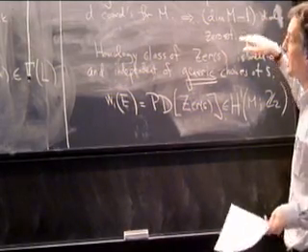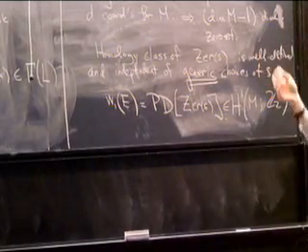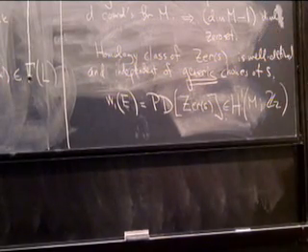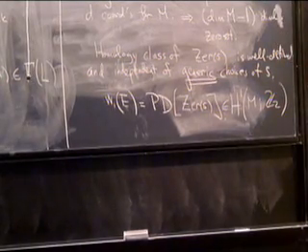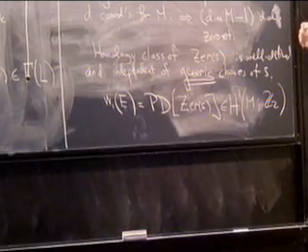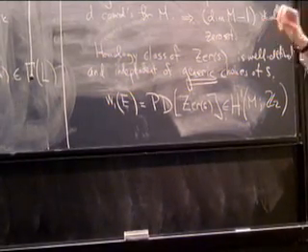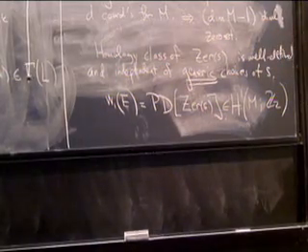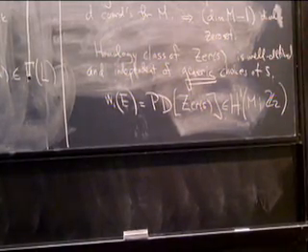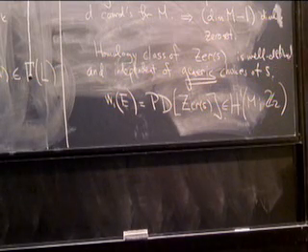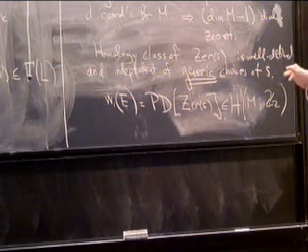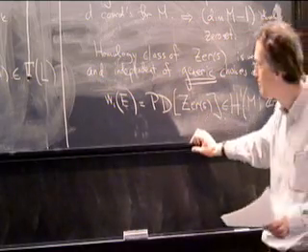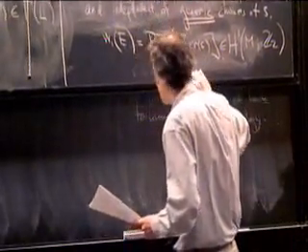If I change my generic section to another generic section, you see, the space of all sections is a vector space. So I can connect any two sections by some path. And then my zero set will smoothly deform. And therefore, the homology class of that zero set will smoothly change. So the homology class is well defined. And therefore, so is its cohomological Poincaré dual. So that's the Stiefel-Whitney class.